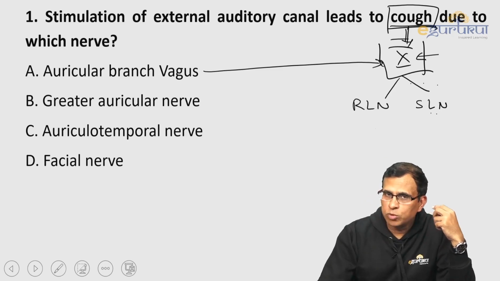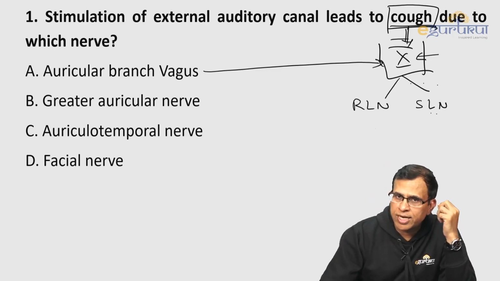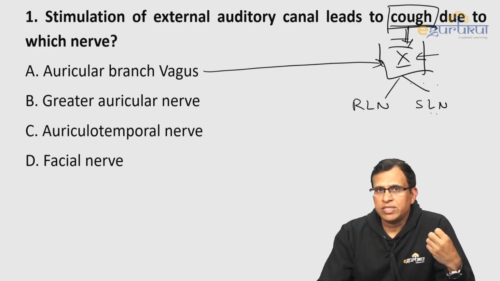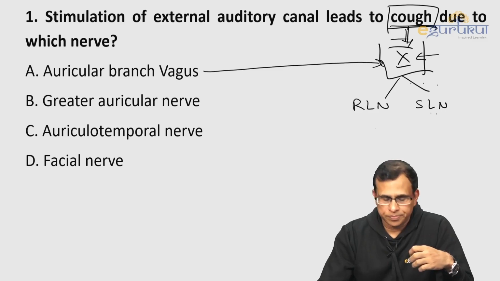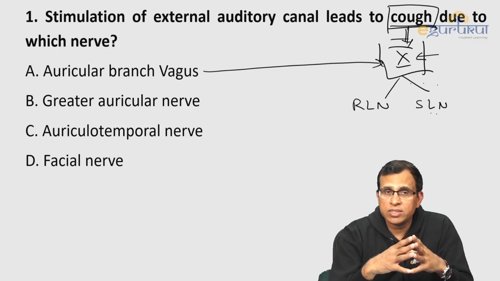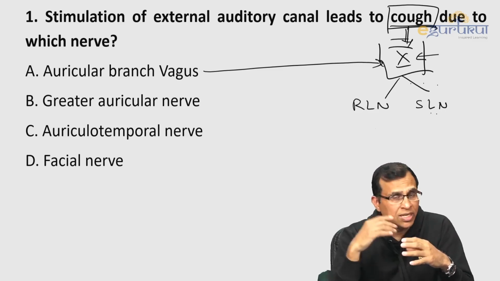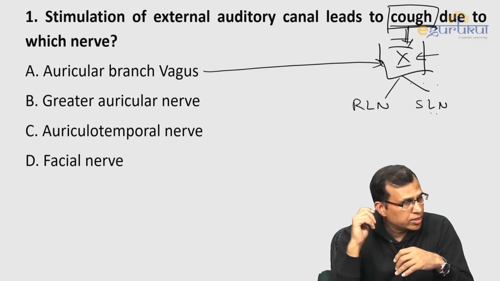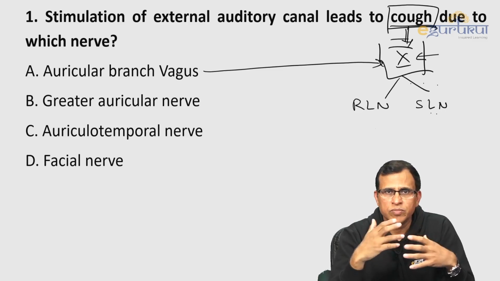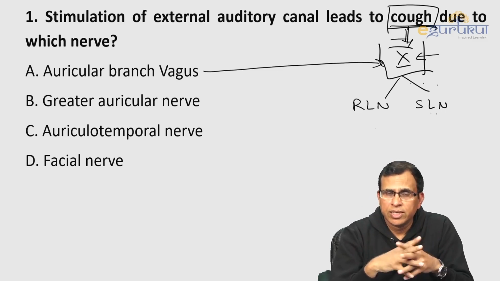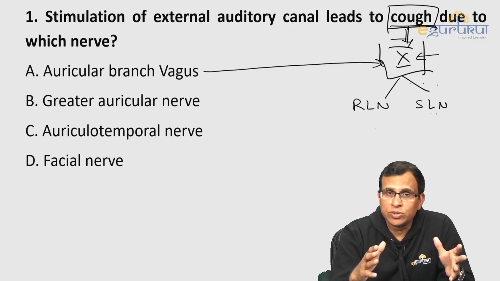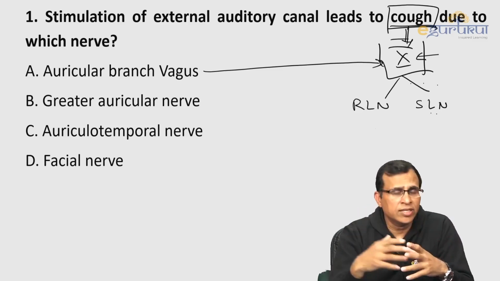That's why the moment you start stimulating the lateral canal, this vagus gets stimulated and the patient might start having a cough reflex. And it's very commonly seen, especially when you clean the canal of a patient for foreign body or wax. When you're cleaning the canal, suddenly the patient starts coughing. It's a sign which tells you that you should stop handling the canal.